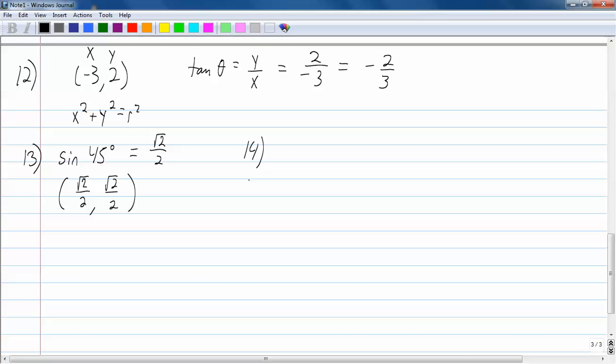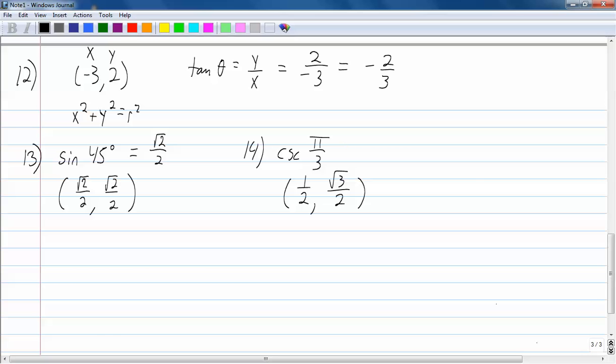Number 14, cosecant of pi over 3. Pi over 3 is the same as 60 degrees. We associate the point 1/2, square root of 3 over 2, with pi over 3, or 60 degrees.